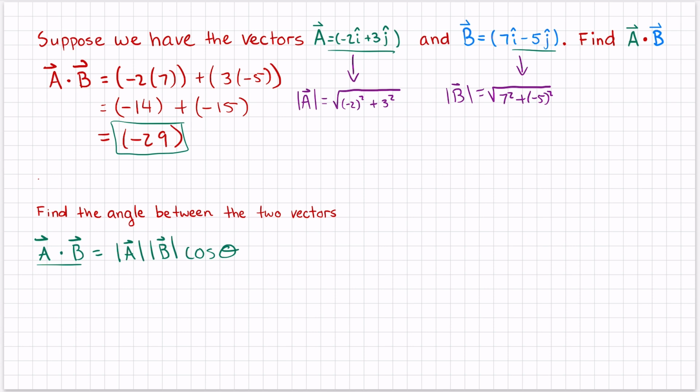All right, and when I plug them into the calculator, the magnitudes are root 13 and root 74. I'm not going to bother with taking approximations of those irrational numbers. I'm just going to keep them as is, and say that root 13 is the magnitude of vector A and root 74 is the magnitude of vector B. And I'm going to plug them in right here.